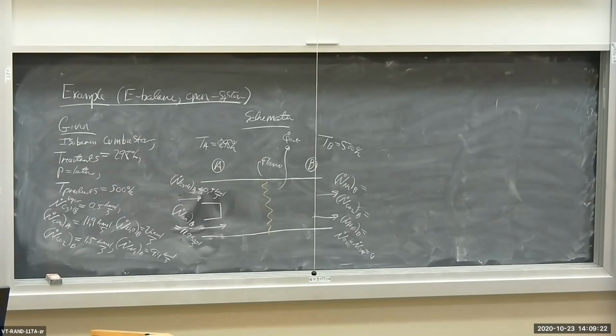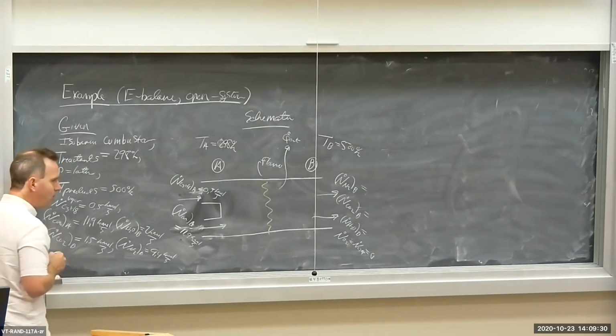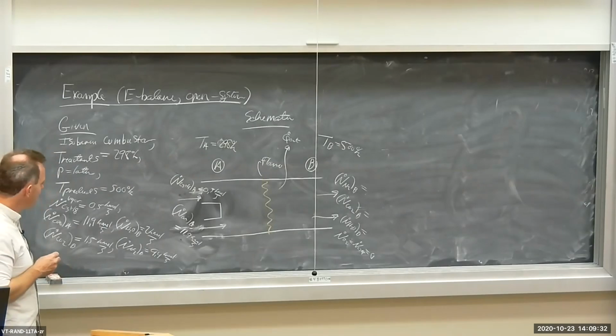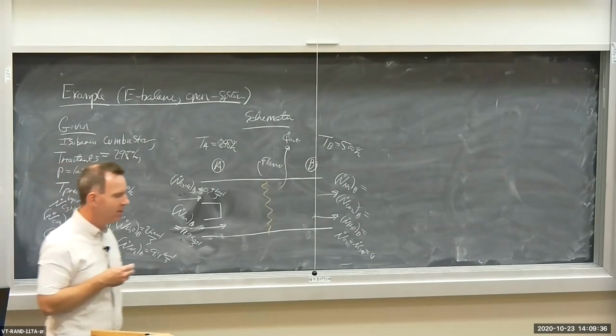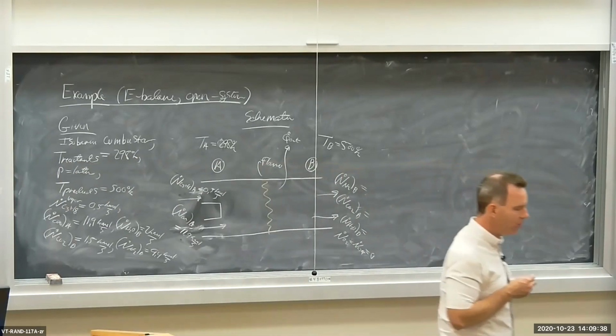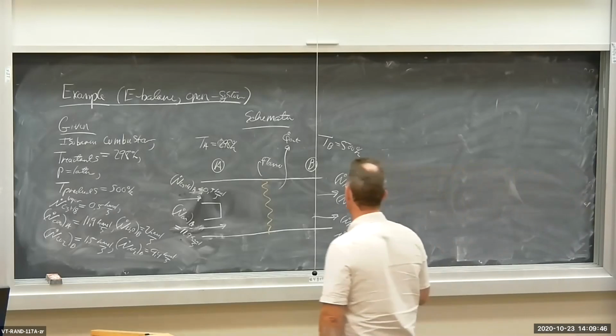We're burning it, and the products are going to be CO2 and H2O. We're going to assume complete combustion here. This is actually a stoichiometric combustion process: just enough air to completely burn the propane, and I've calculated the various N dots for the reactants and the products.